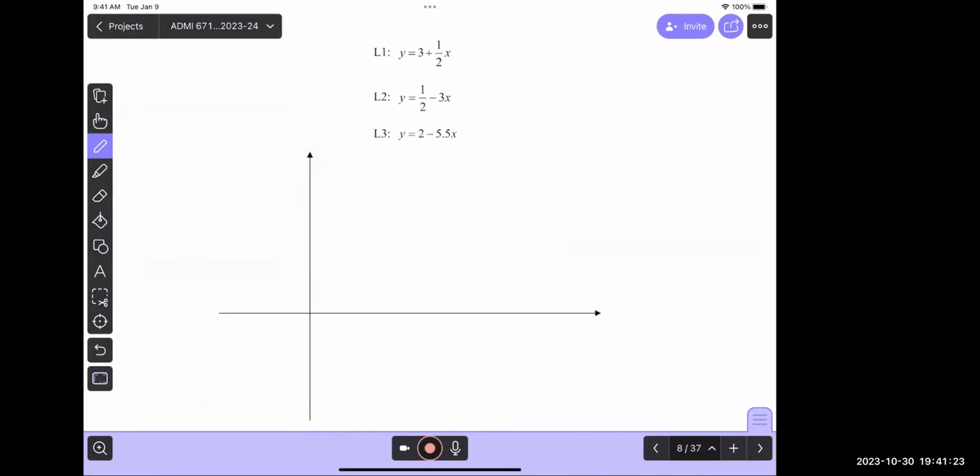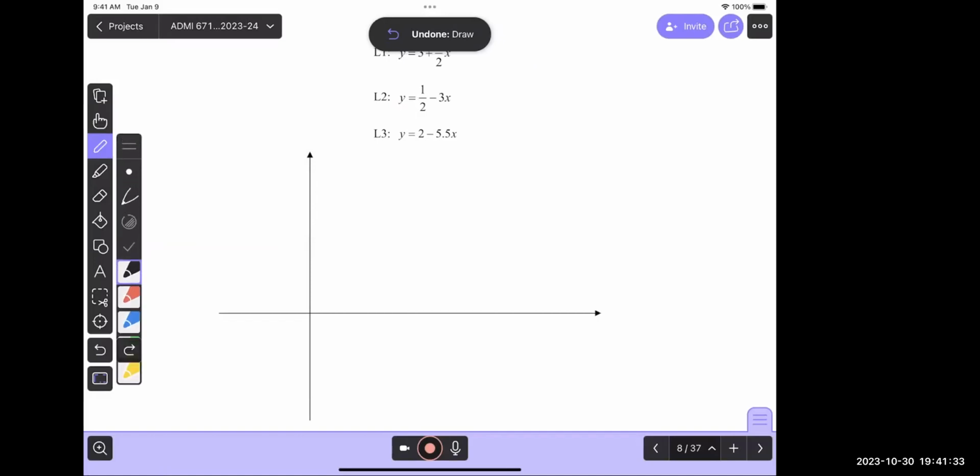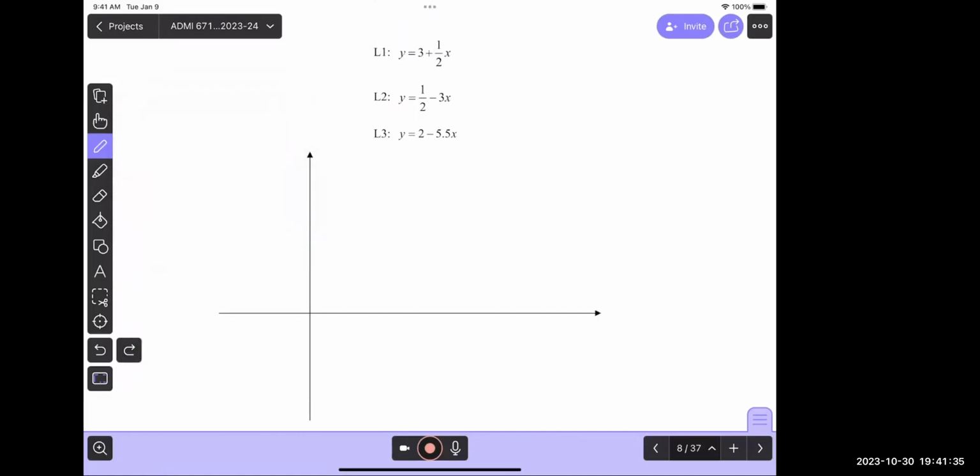That is to find a point and the slope. So the point, so let's do L1.